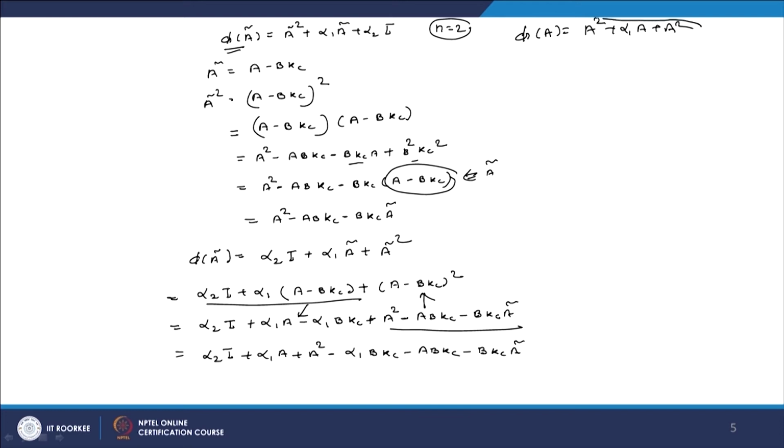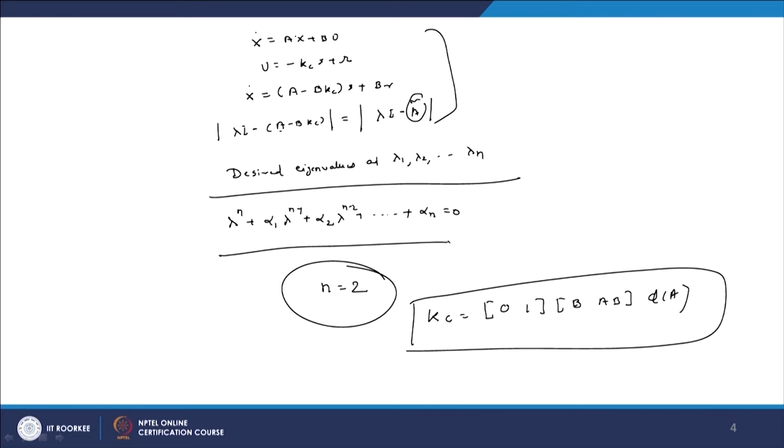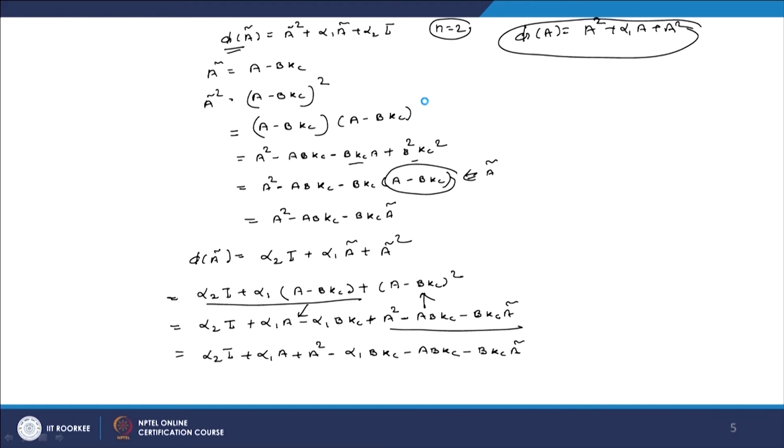So, this phi of a, this particular equation, it is of the original system A, because original system also satisfies the Cayley-Hamilton theorem, because here we have seen that Cayley-Hamilton theorem condition we have determined point a bar. So, a bar means we have got this portion, and when we talking about a is the original system, the Cayley-Hamilton theorem says phi of a equal to a square plus alpha 1 a plus a square.